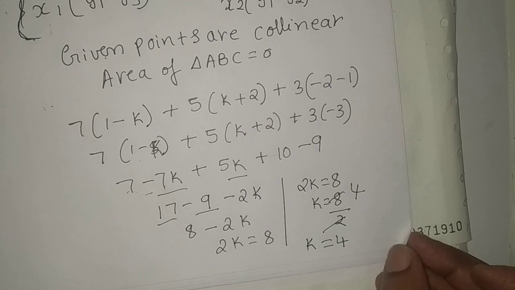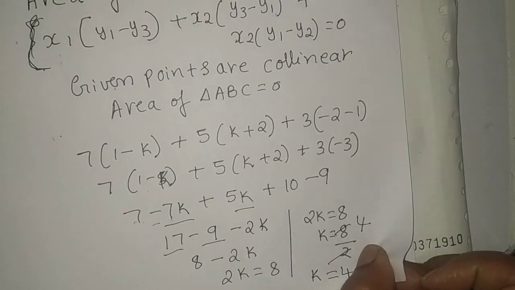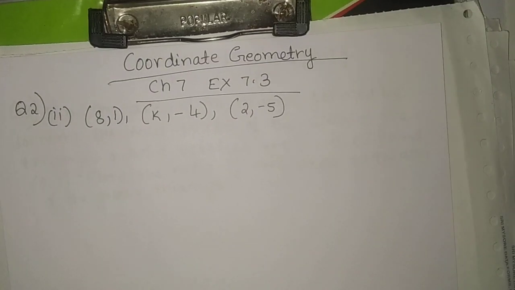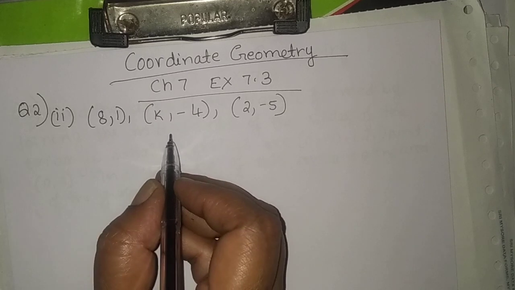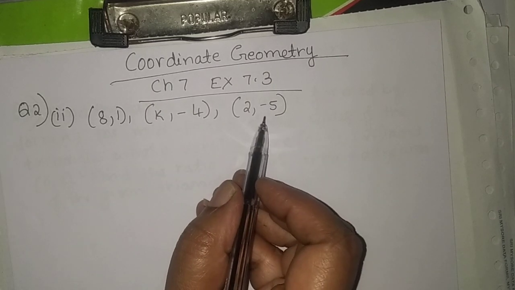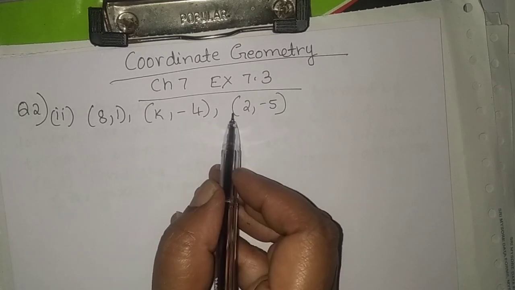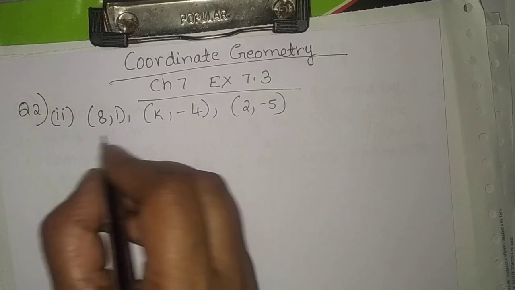So we move on to the next one, the second sub problem. Here also the given points are collinear, lying on the same straight line.